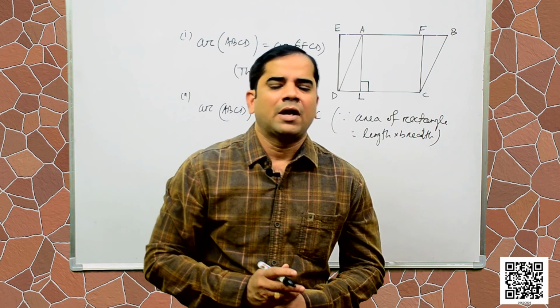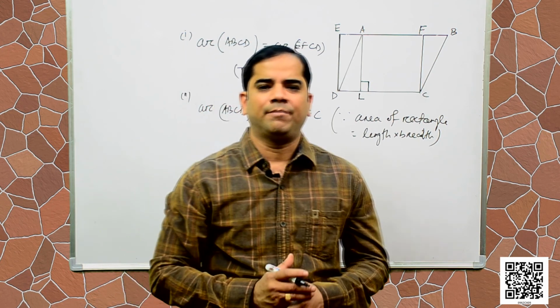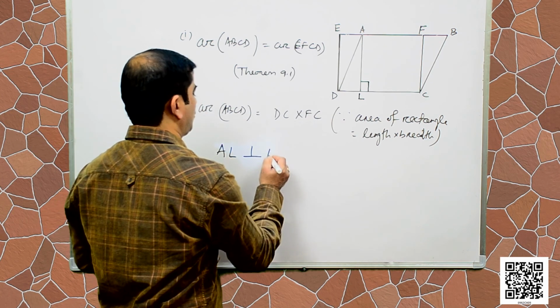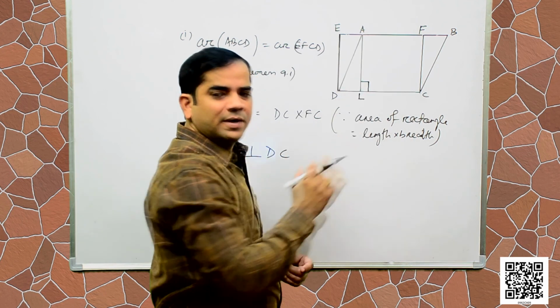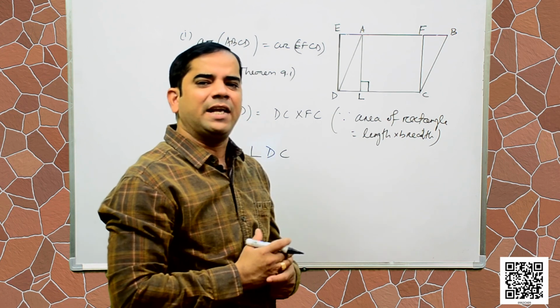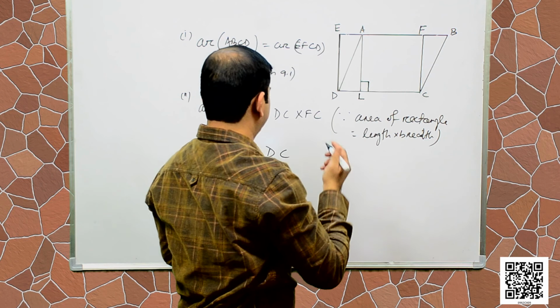And as AL is perpendicular to DC, it is given that AL is perpendicular to DC. Therefore, AFCL is also a rectangle, isn't it? AFCL is a rectangle.